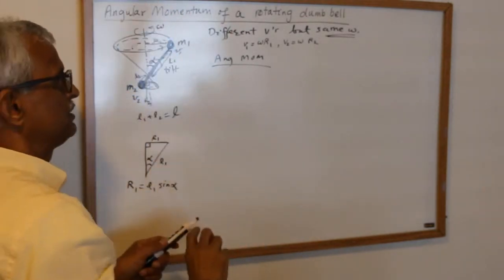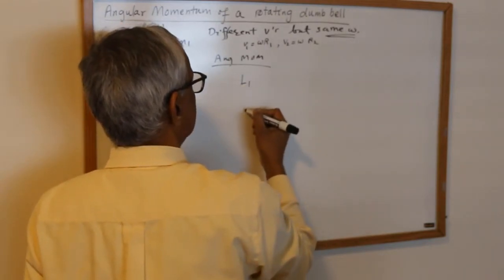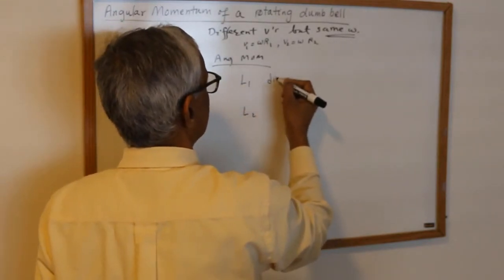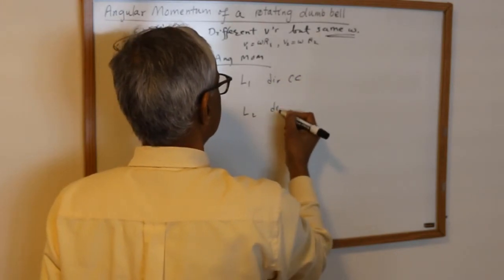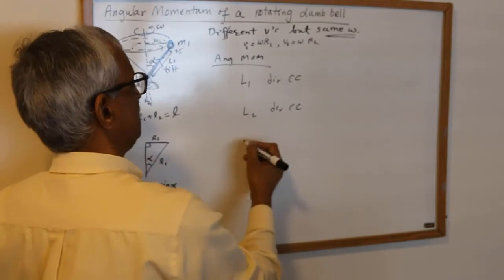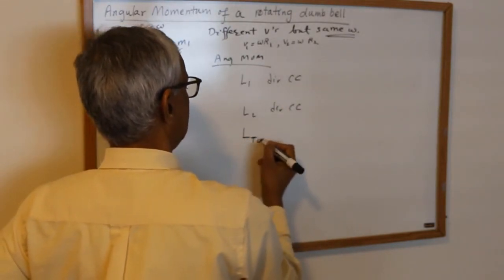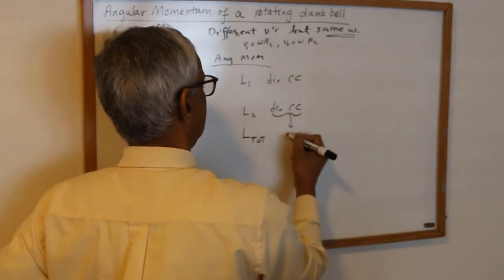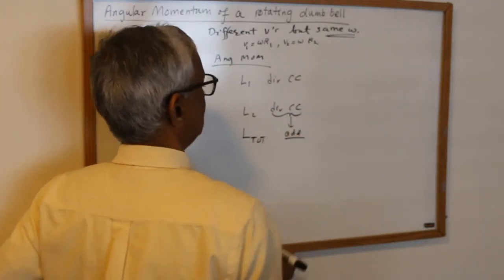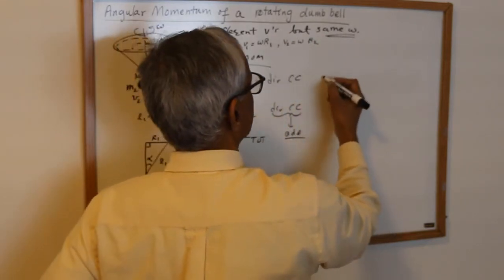So you have L1 and L2. The direction is counterclockwise, the direction is counterclockwise. So they will add to give me the total. Because they're in the same direction and they're vectors, they're going to add.